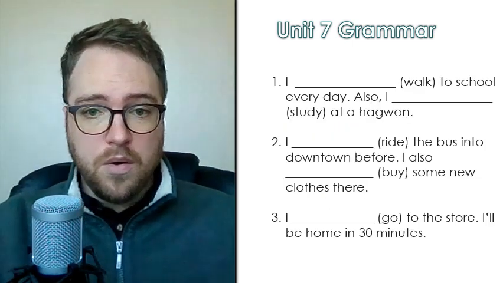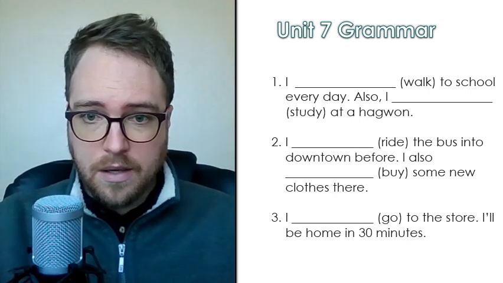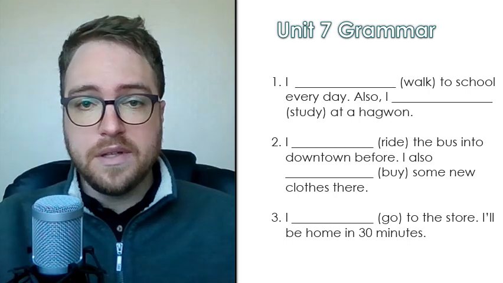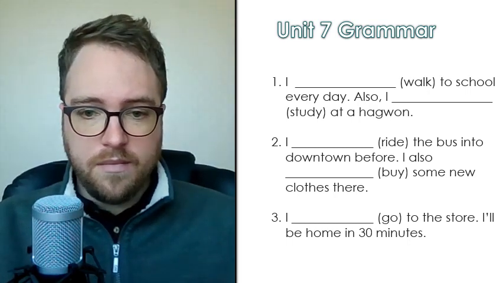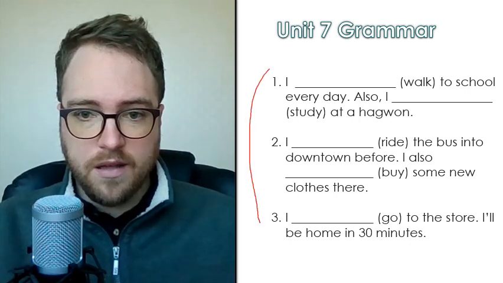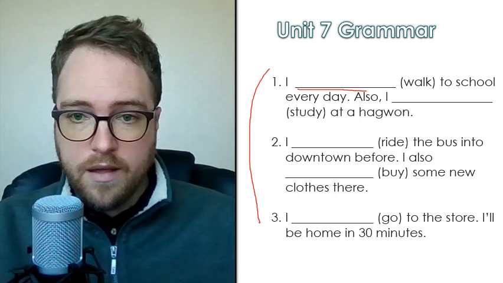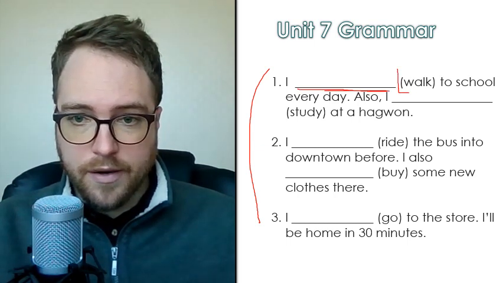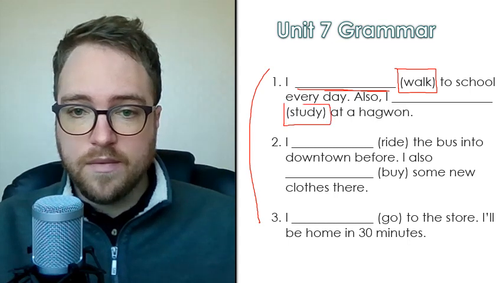All right, now we're going to just have a little bit of practice, okay, using the present perfect tense. So, you can see here, there's 3 sentences, okay? And then after the blank, there is a word here. Walk, or here, study, okay?